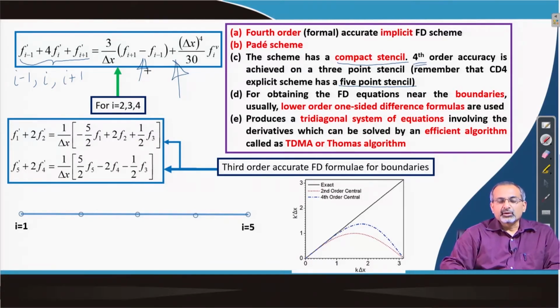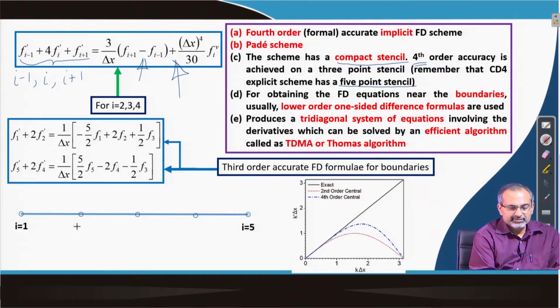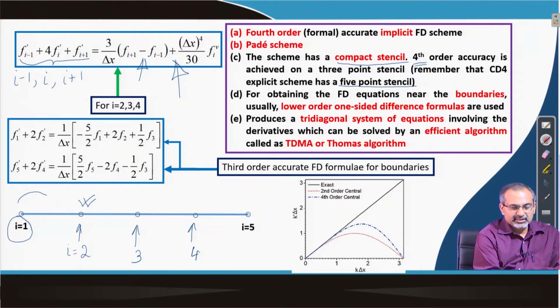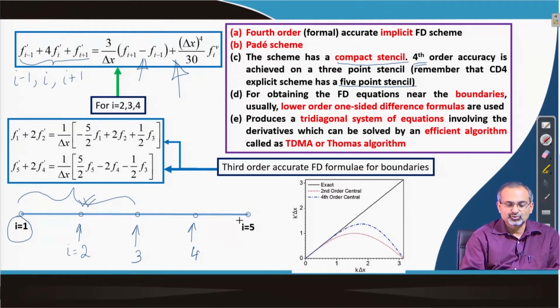Now, when you try to apply this scheme to the inner points of the domain, points like i equal to 2, 3, 4, provided that you call the first grid point as i equal to 1, then you can happily use this scheme, because if you are applying the scheme at the point 2, then your stencil is this. At the point 4, the stencil would comprise 3, 4, 5 and so on.